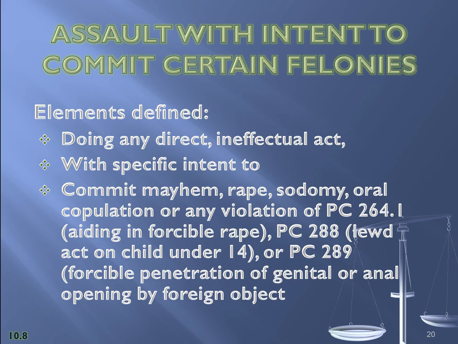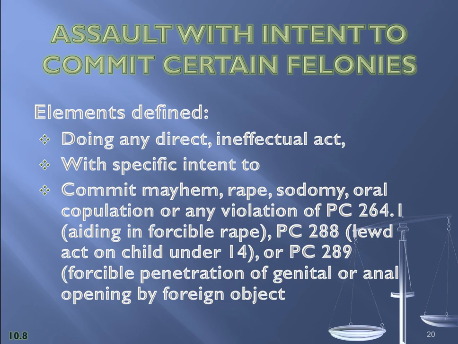Every person who assaults another with intent to commit mayhem, rape, sodomy, oral copulation, or any violation of section 264.1, 288, or 289 is punishable by imprisonment in the state prison, and the elements are doing any direct or ineffectual act, again with specific intent.